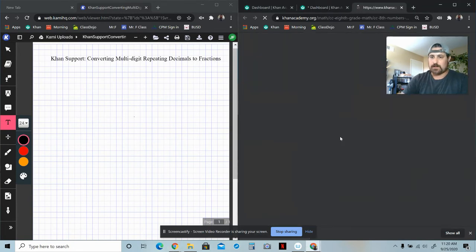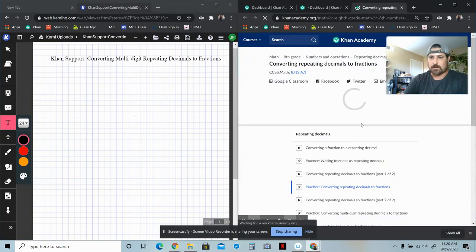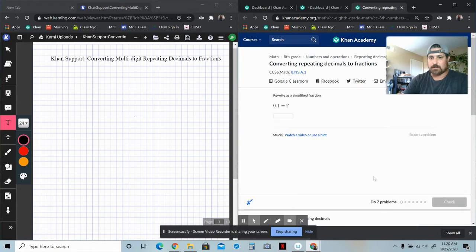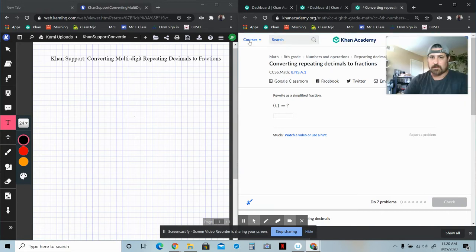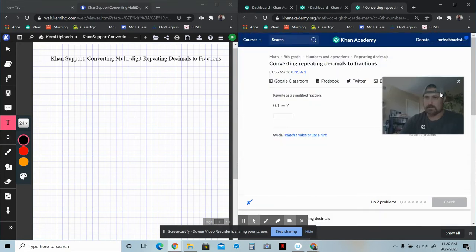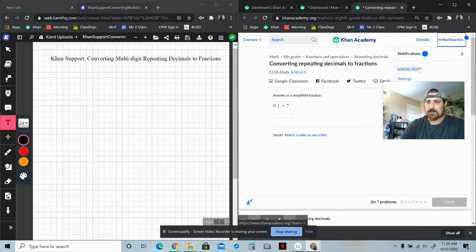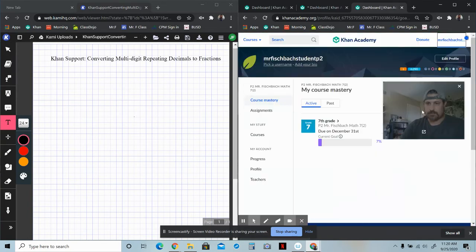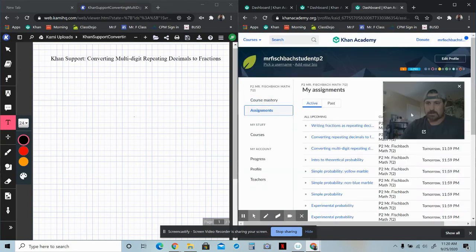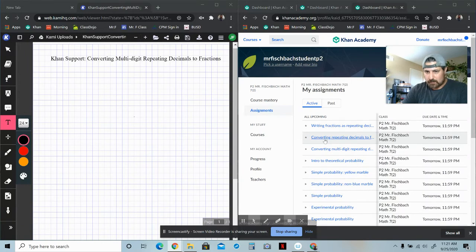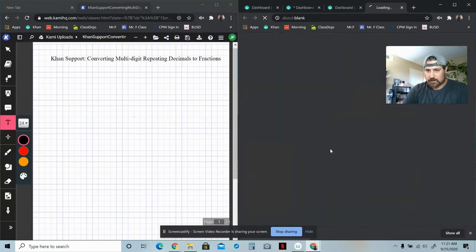So here's the assignment. Just click on that and it will load up hopefully in here and we can start to see what we're working with. Perfect. That's repeating decimals to fractions. I don't want that one. I want multi-digit. So let's go change that. Learner home, assignments. Okay, converting multi-digit. There we go. That's what I want.